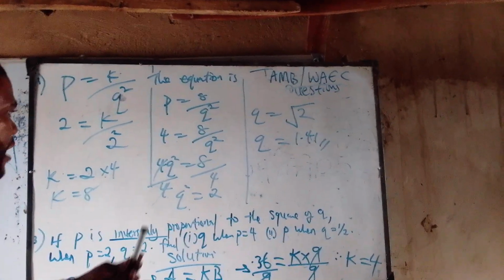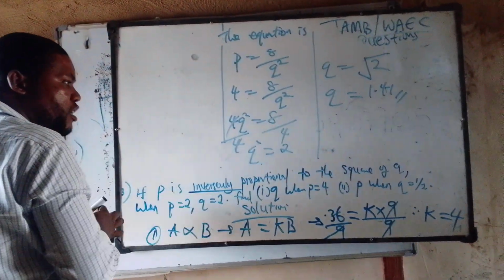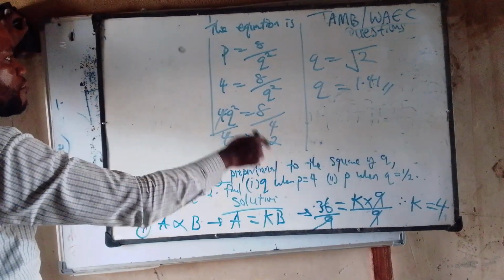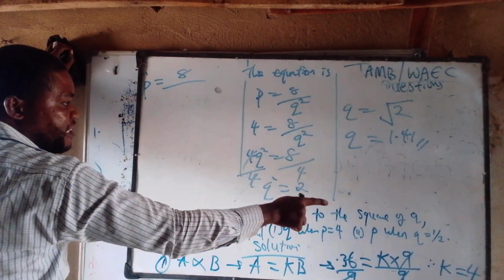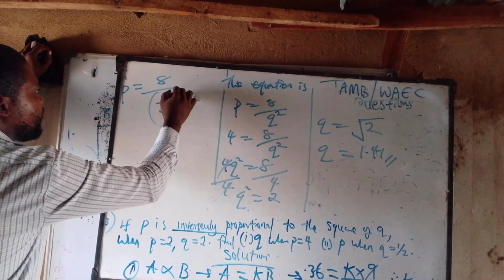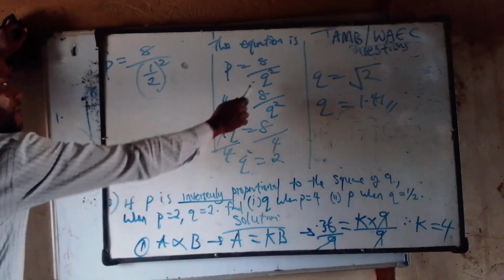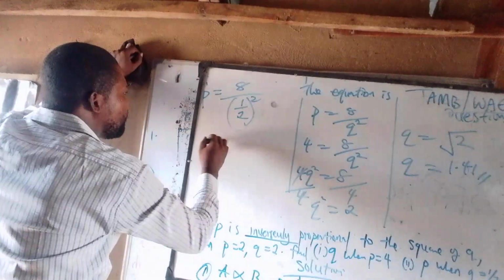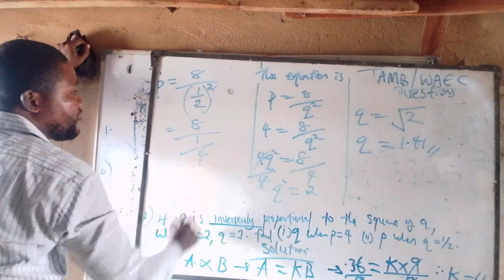Then, if I continue, the last part, I will not solve all, I will stop somewhere. We are asked to find P. P is equal to 8 over Q squared, where Q is now 1 over 2. Look at my Q. Remember, for the formula, we have 2 on top. So it's now 8 over, 1 squared is 1, 2 squared is 4.